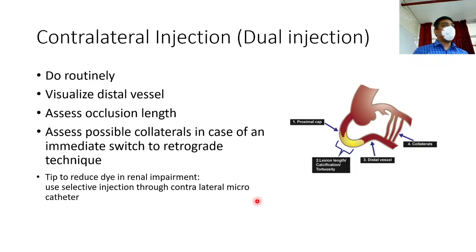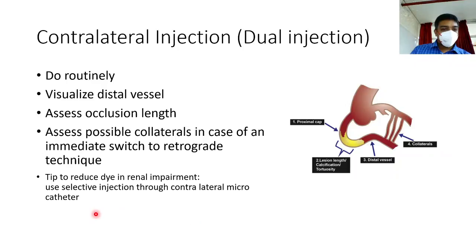Then an important thing is contralateral injection or dual injection. This is a very important step in the CTO. This we have to do routinely. Contralateral injection, dual injection means you have to simultaneously inject from the left coronary ostium as well as the right coronary ostium. It will help us in detecting the length of the distal vessel, the occlusion length, and the collaterals.